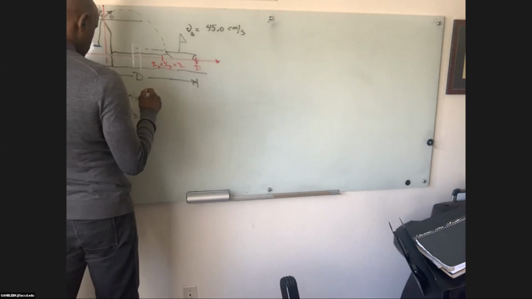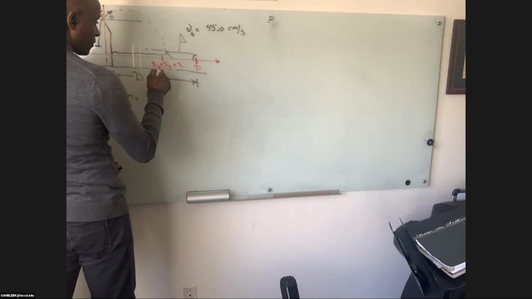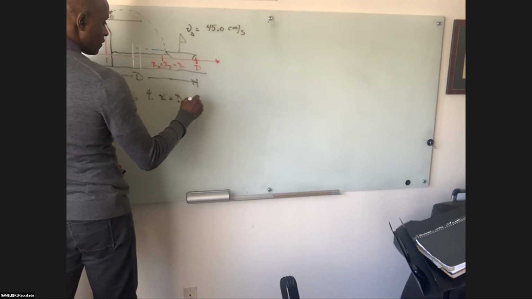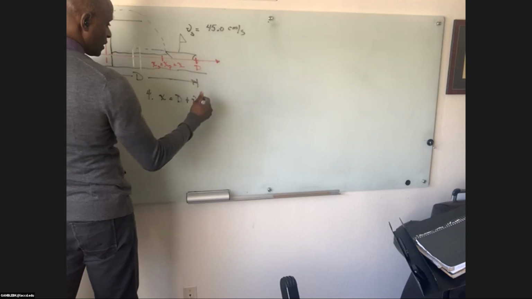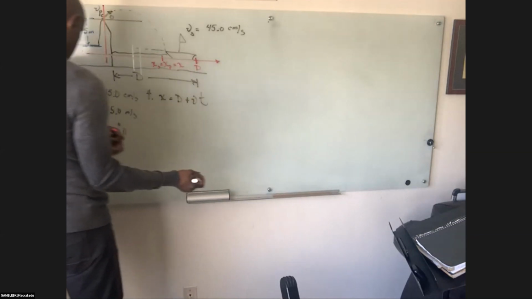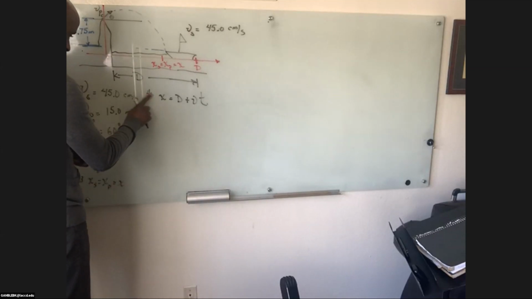One for this guy, and I'll call that equation 4. That's its final position, X, equals its initial position, D, plus its constant speed times the time at which it is traveling. Now, actually, that's another equation, isn't it? Let's make this equation 5.